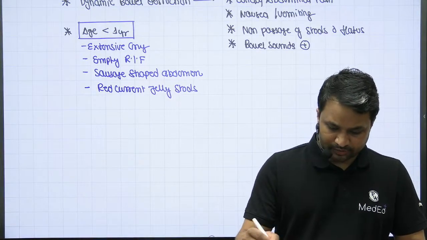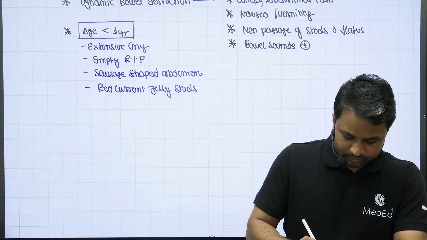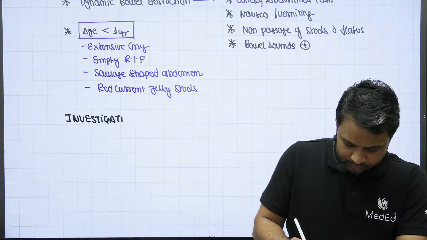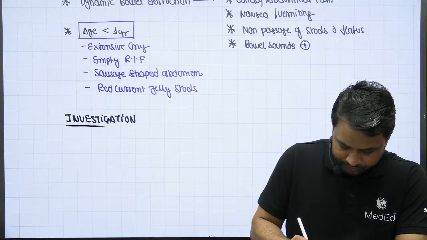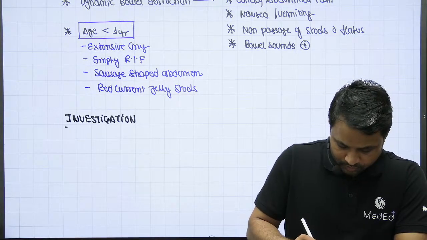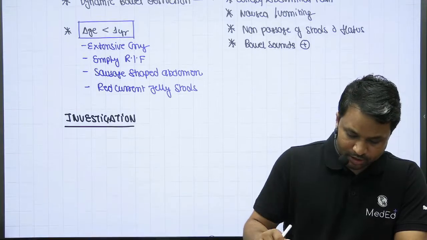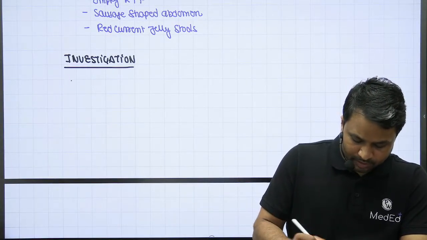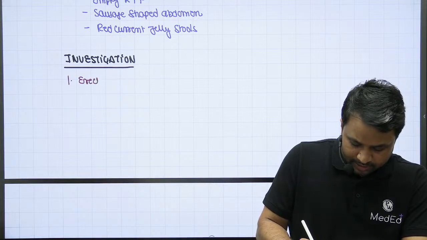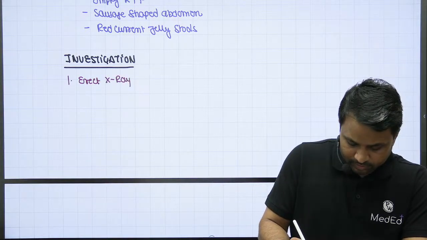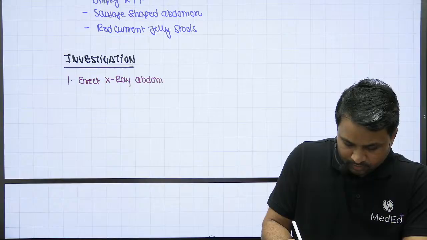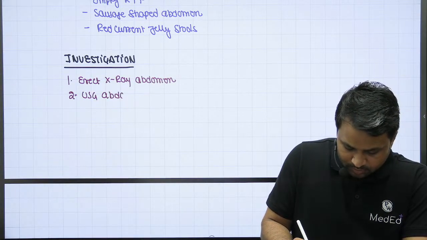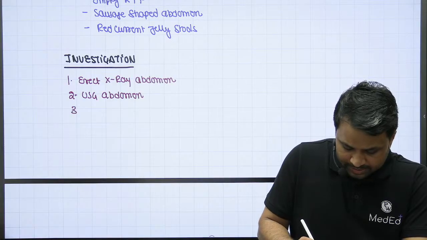Now, for any intestinal obstruction, the protocol for investigation is quite simple. The first step is going to be an erect X-ray abdomen. Especially in children, you have to go with USG abdomen and conclude by doing a CECT abdomen.